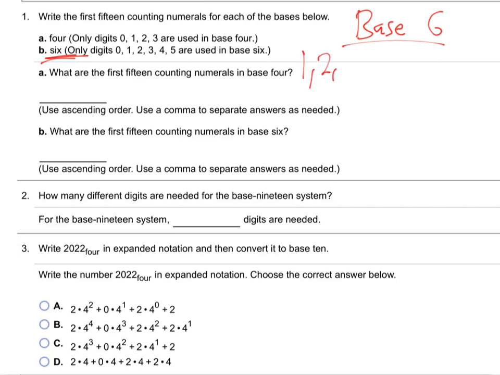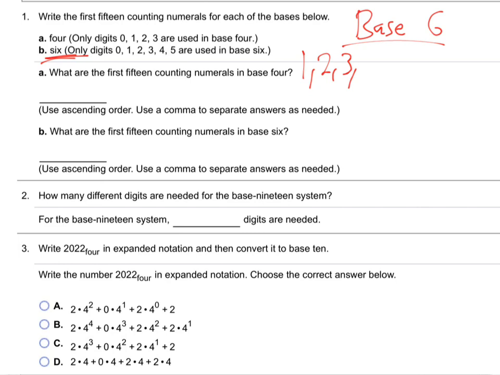So, you know what I mean? 1, 2, 3. Remember, you just start at 1. Just keep adding 1. But what are you not going to see in base 6? Not going to see a 6, huh? So when you're about to write 6, instead write 0 and carry. Okay? Carry to the next column.